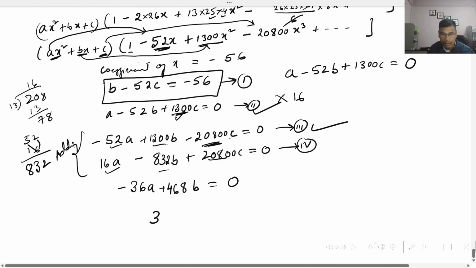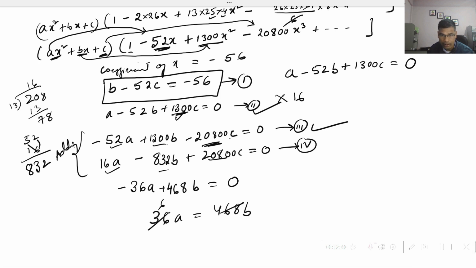So from here we get 36a is equal to 468b. If we take the common factor, 36, we get 13. So finally we get a is equal to 13b. So we have got this second relation.